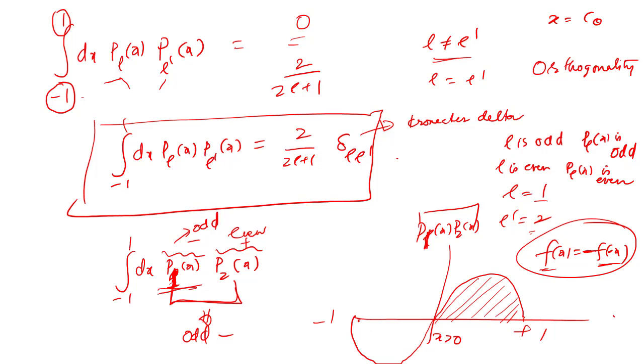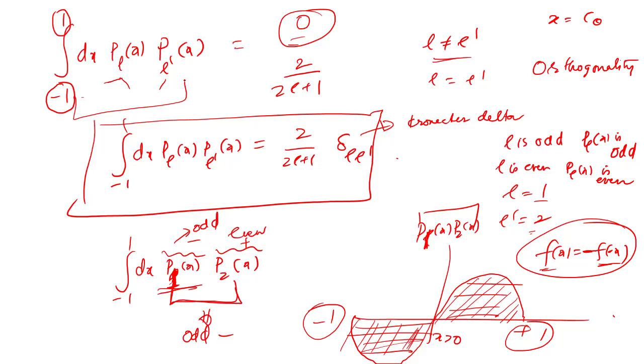For x less than 0, negative, you would have this. So when you integrate from minus 1 to plus 1, this gives you negative area, this gives you positive area. Overall area would be 0. And that's what we get in an integral: we get the area under the curve. So if you have an even and an odd function, you get the overall area to be 0.